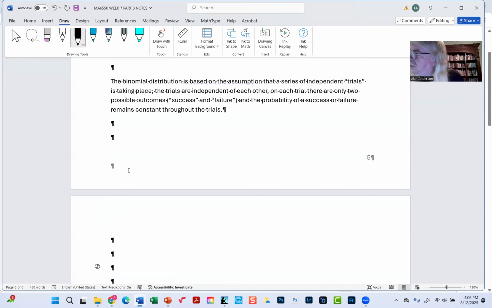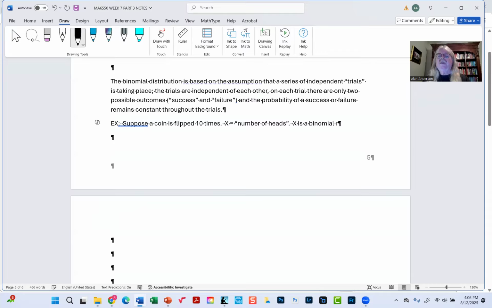So the classic example of this is: suppose a coin is flipped 10 times. X will be defined as the number of heads. Then X is a binomial random variable since the trials are independent.